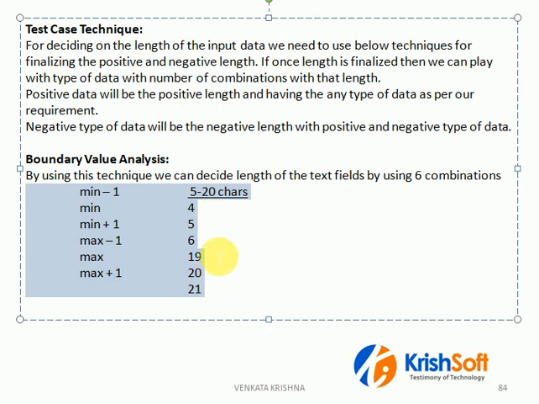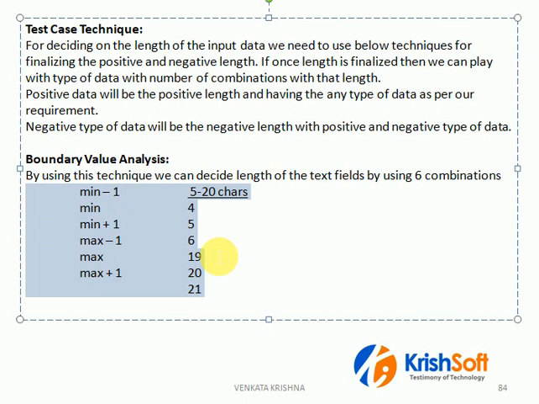So if your text field allows 1 to 1 lakh characters, tell me what are the 6 test cases you need to verify? 1 means minimum, 1 lakh is the maximum. Minimum -1 is 0, minimum is 1, minimum +1 is 2, maximum -1 is 99,999, maximum is 1 lakh, maximum +1 is 1 lakh +1.